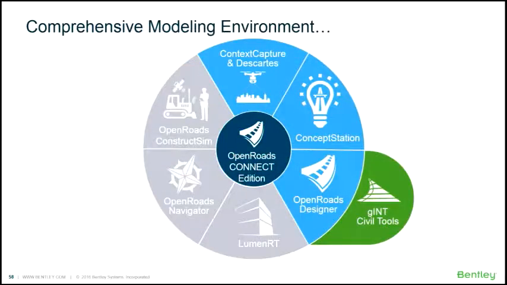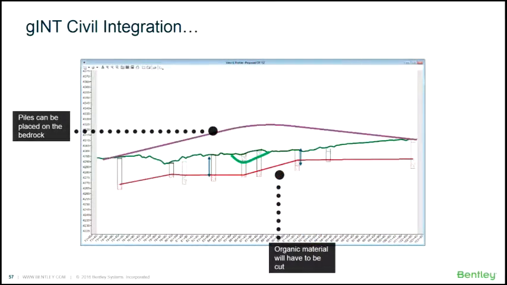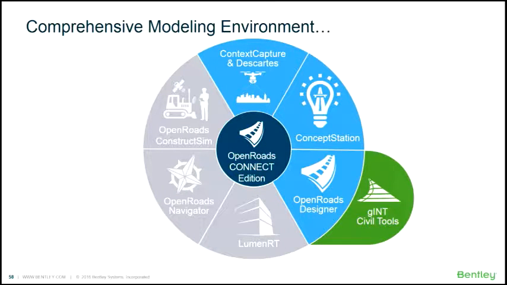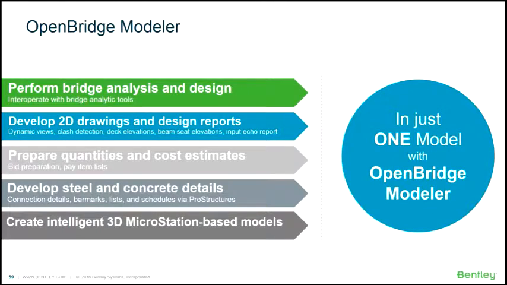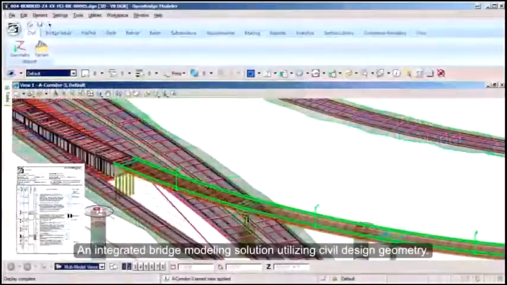for my bridge design, which is a nice segue to the next product I'm going to talk about, which also sits within our detailed design space, which is OpenBridge Modeler. So OpenBridge Modeler is our detailed design bridge modeling tool that also interfaces with bridge analysis, allows you to produce your deliverables, compare quantities and costs, develop steel and concrete details, and create intelligent 3D models that are based on the OpenRoads model format.